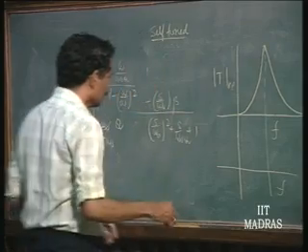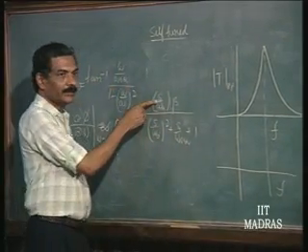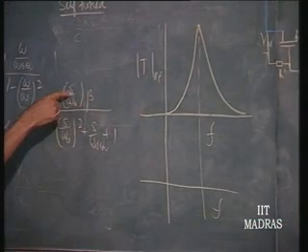circuit. That means, if I plot the phase variation, initially the phase shift is starting at, let us say, minus 90 or whatever it is.